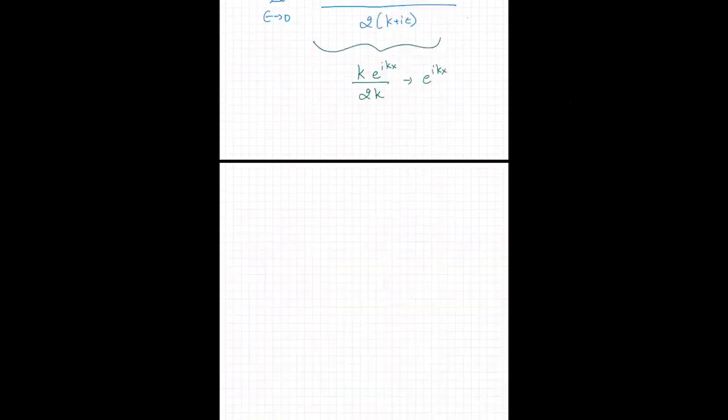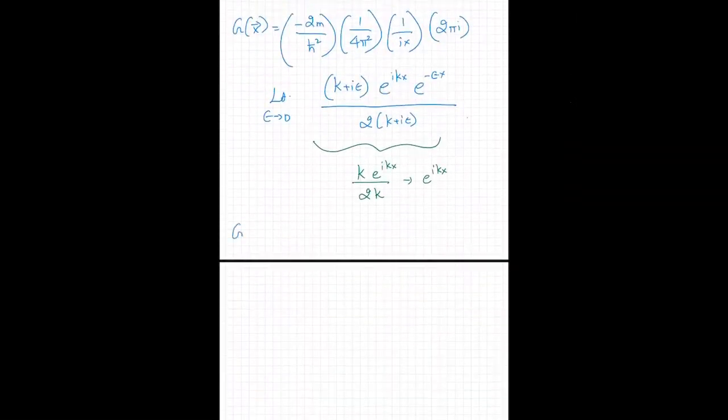So plug in everything and you get the Green's function for this problem as minus 2m over h bar squared, 1 over 4 pi squared, 1 over ix, 2 pi i e to the ikx.